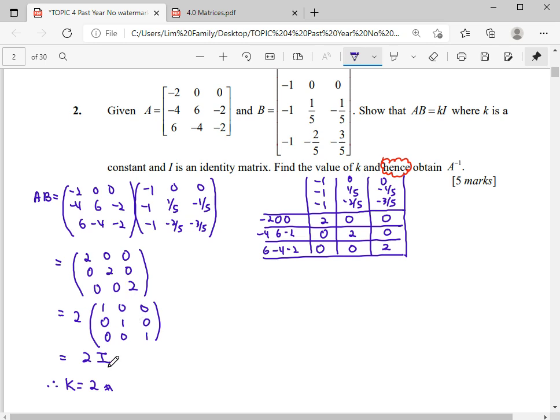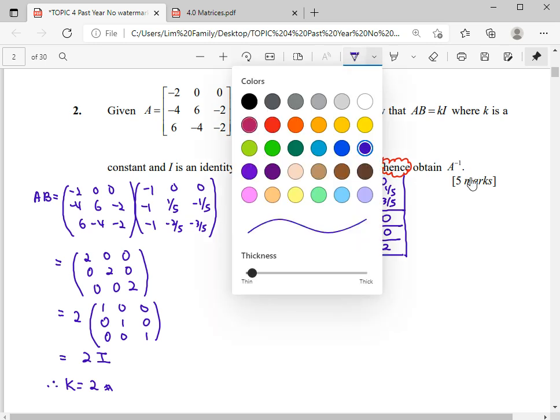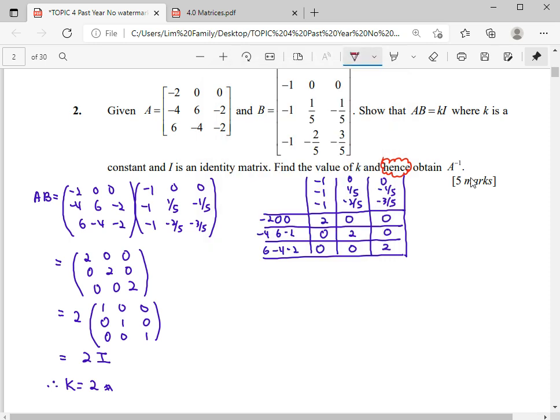So once we get AB equals 2I, after we find this K value, and when we want to find our inverse, we have to use our properties. Start from the standard, AB equals 2I. To get A inverse, we multiply A inverse in front.